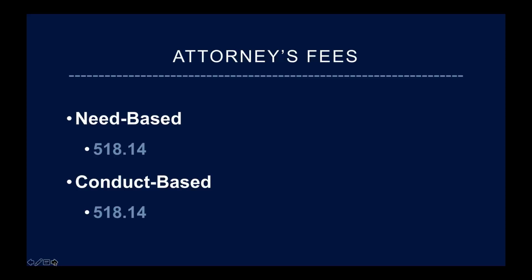Or in a contempt proceeding, quite often I find that if one party post decree is not following the terms of a court order, conduct-based fees are awarded because that party's conduct, the failure to abide by a court order, got the best of them and wound up costing the other side a whole lot of money.